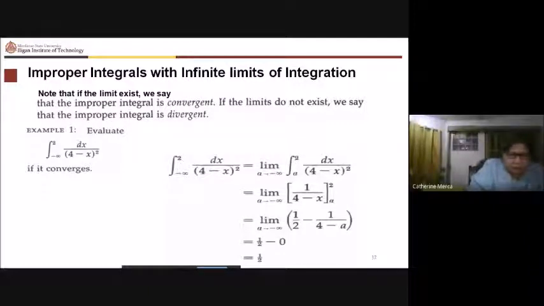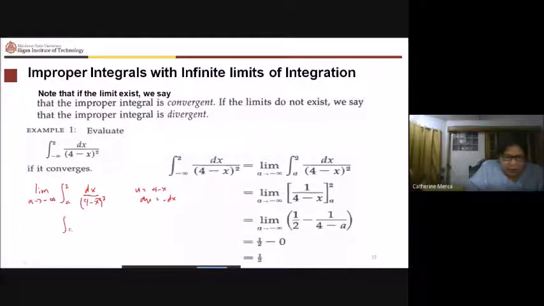So when you take the limit as a approaches negative infinity of the integral from a to 2 of dx over (4 minus x) squared, it can be rewritten with u equal to 4 minus x, then du is equal to negative dx.